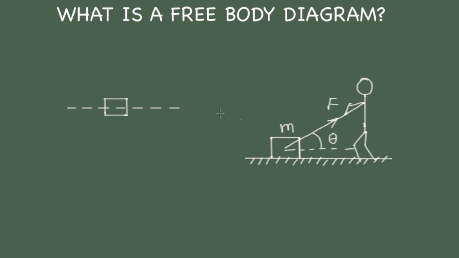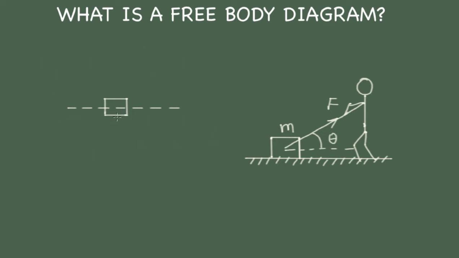In order to prepare a free body diagram of this block, we just have to consider this block and eliminate all the things connected to it or interacting with it, like this string, the ground, everything. You have to ignore all these things. So we have taken this block only, and there is a reference horizontal line.